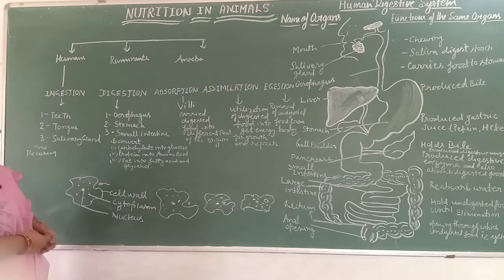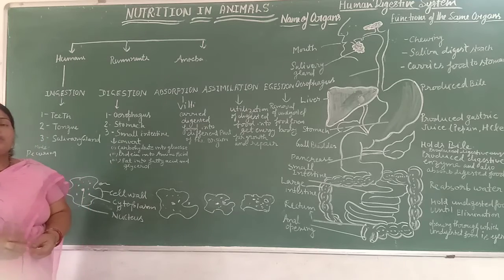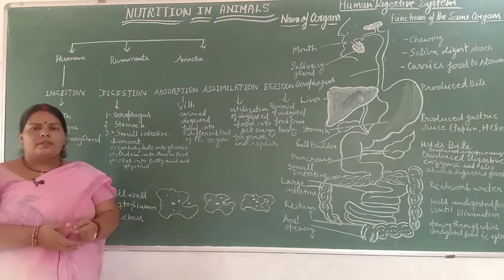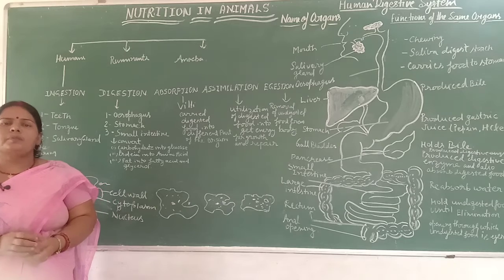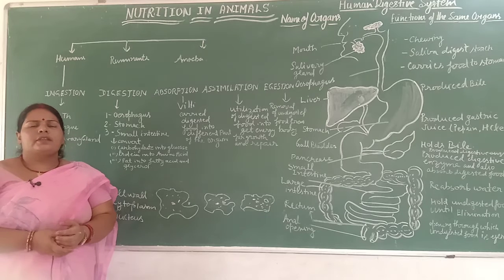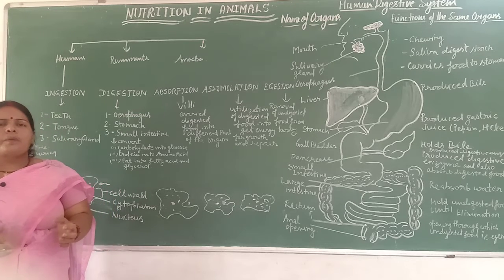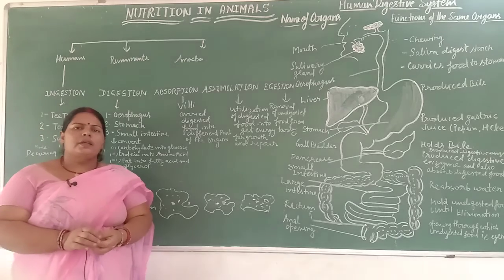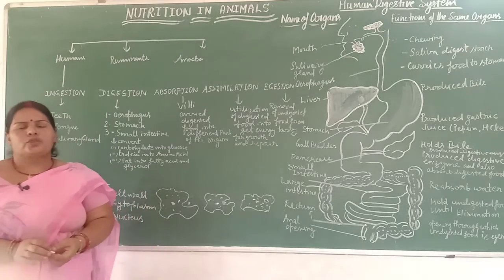Students, you know you have two types of teeth: first the milk teeth, and second the permanent teeth. The number of milk teeth is 20 and permanent teeth is 32.